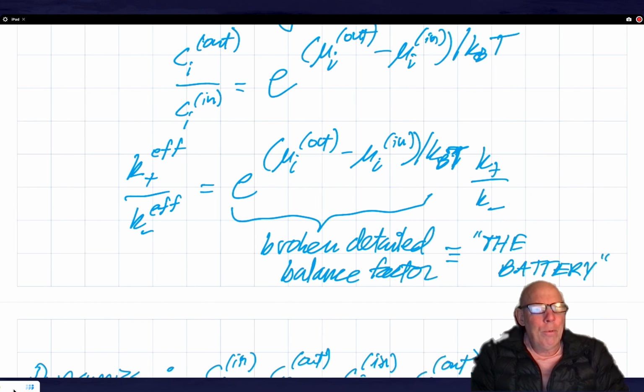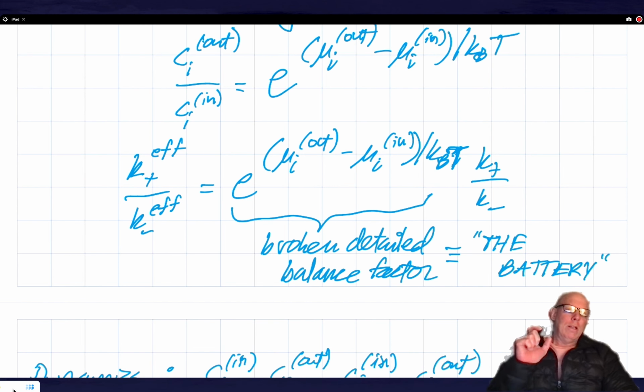By holding the ion concentrations at these fixed out of equilibrium values, namely mu_I out minus mu_I in, that reaction is not at equilibrium. Because note, if mu_I out is equal to mu_I in, this prefactor is gone, and we're back to k plus effective equal to k minus effective, because k plus over k minus is 1.